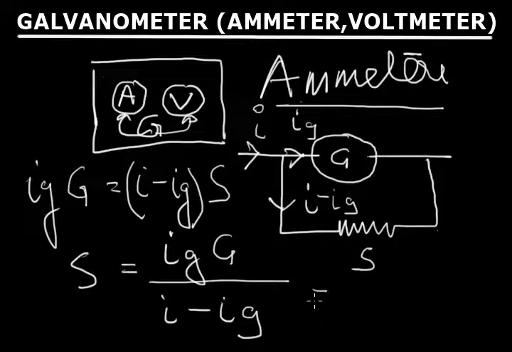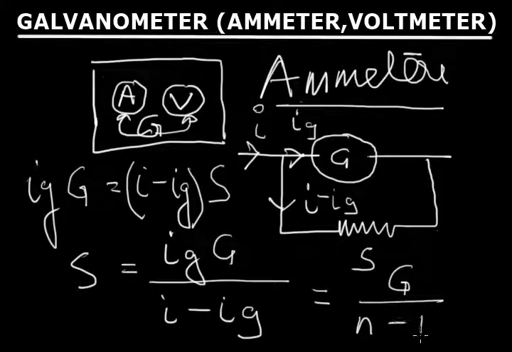Now there are some people who go on to write this as G by n minus 1. As you can understand, this n is nothing but the ratio of I by Ig. So here fundamentally what we are doing is dividing both the numerator and the denominator by the galvanometer current, and we have n.